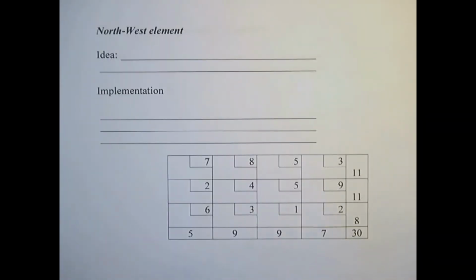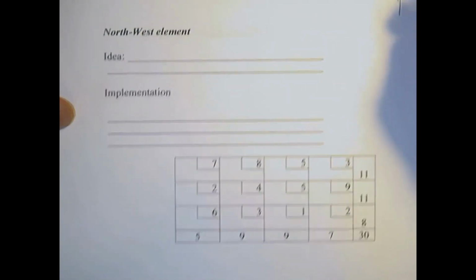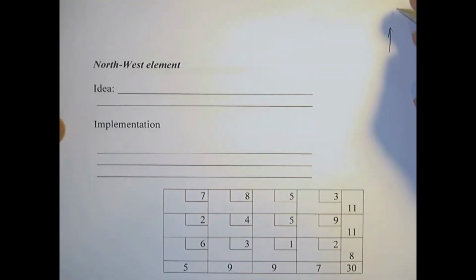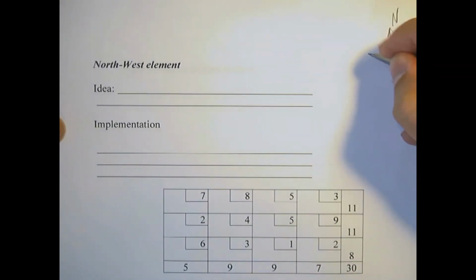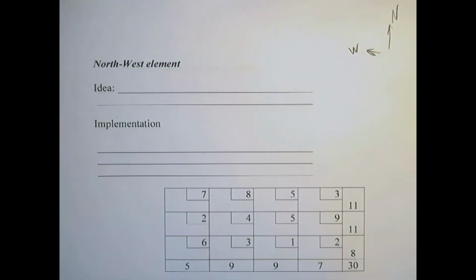Let's consider the first method, which is known as north-west element. Why do we use such a title? Because north usually on the map is on the top, and west is on the left side of the map, and as a result the idea is the following.